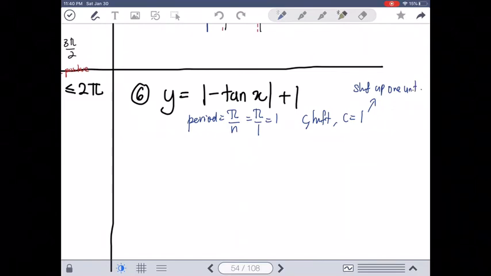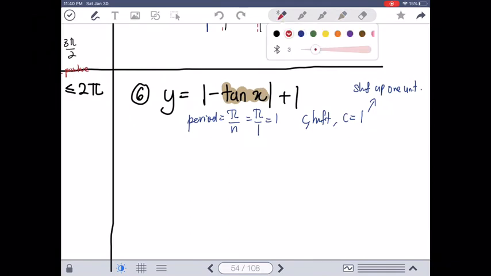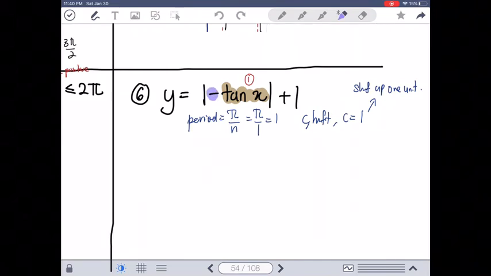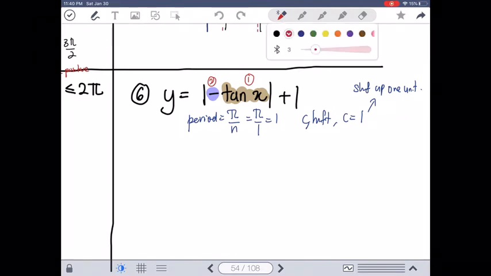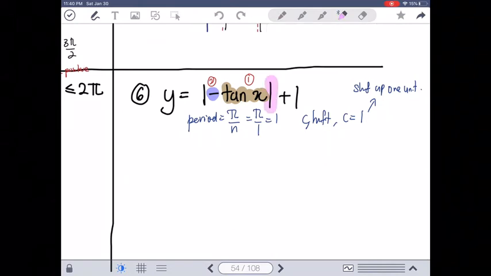Basically we are going to start with tan x, and work from inside to outside. Second one is the negation, reflection about the x-axis. Third one would be the modulus. And lastly, we will have to shift up.